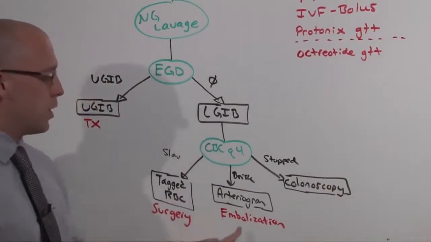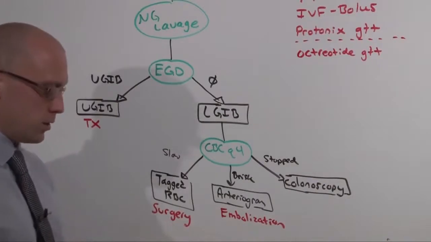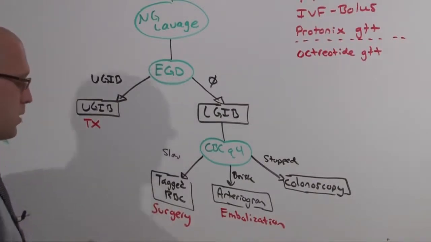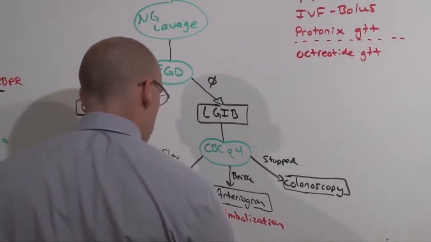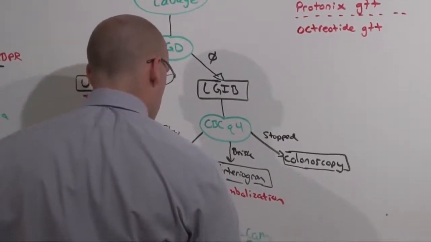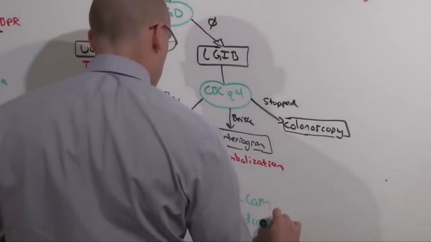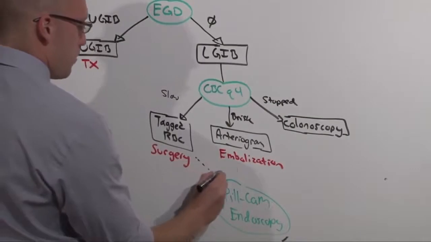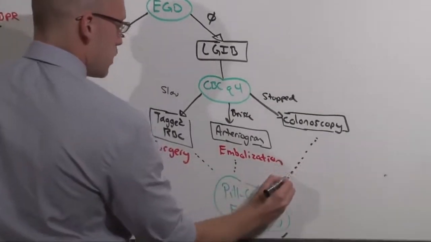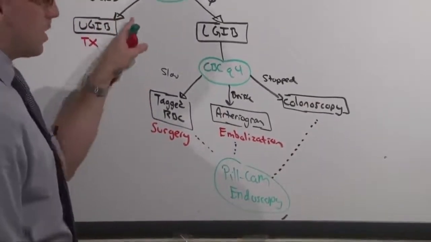If you're at this point and you still do not have a diagnosis, one option is the pill-cam endoscopy. Because the pill-cam can reach places the colonoscope and the EGD cannot.